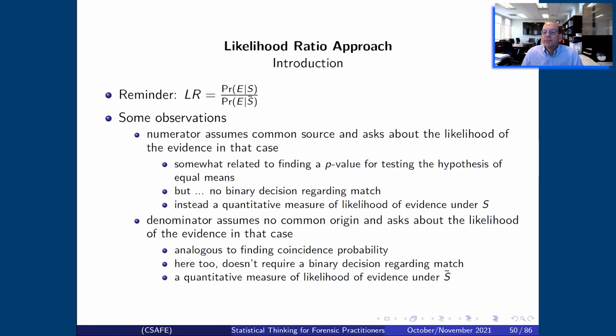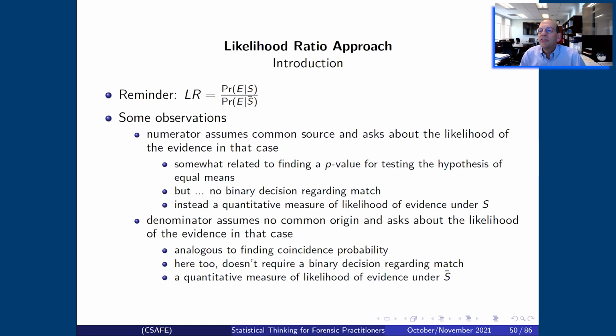A couple more comments about the likelihood ratio in concept before we talk about how it might be used. The numerator assumes same source and asks about the likelihood of the evidence. It's somewhat similar to stage 1 in the 2-stage procedure, which also assumes common source and tries to assess whether we can distinguish or not.